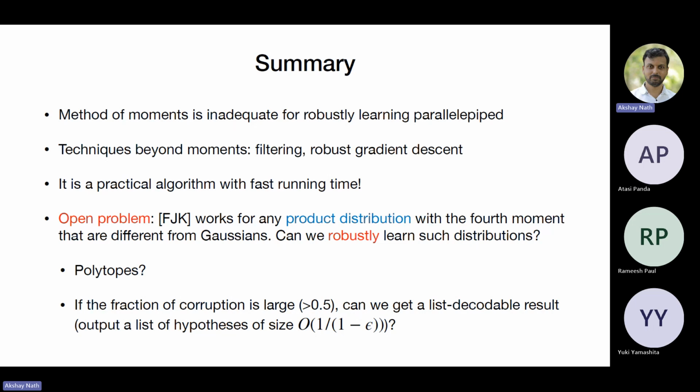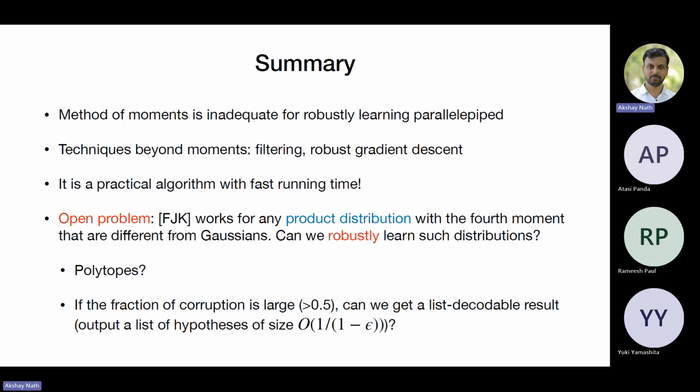And there are some open problems or future directions, extensions of this problem. The first one is the works I mentioned, the FJK and also Kothari work. They work for product distributions whose moments are different from Gaussians.